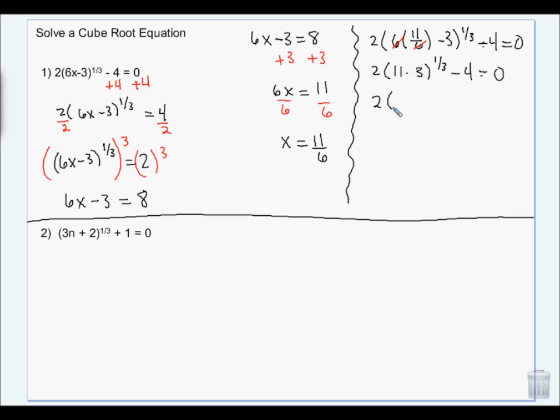So this is 2 times 11 minus 3 is 8 to the 1/3. The cube root of 8 is 2. So that's true. This is true.